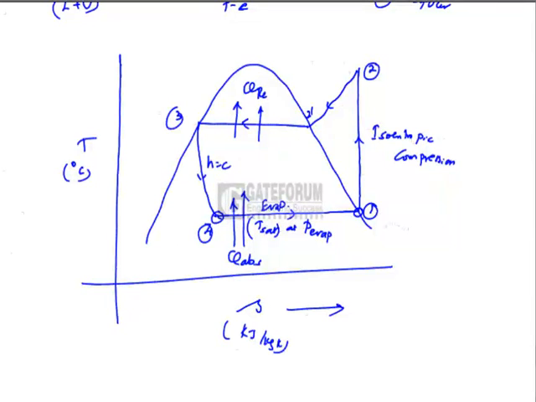Q rejection here. So totally there are 4 processes involved in the cycle: evaporation, compression, where work is required, condensation, and expansion. So this is called simple dry saturated vapor compression refrigeration cycle.